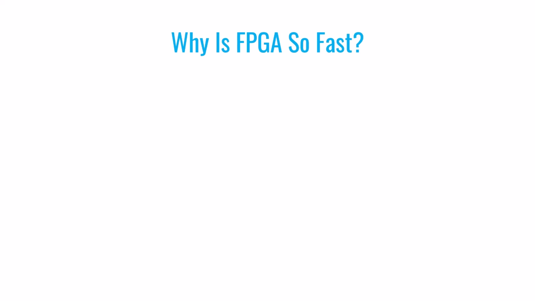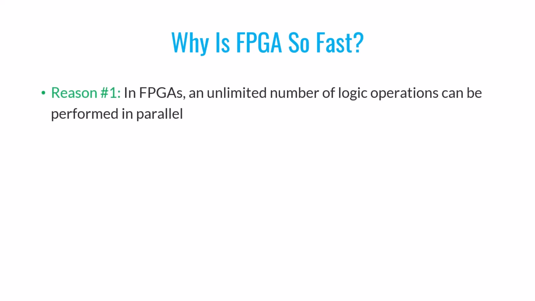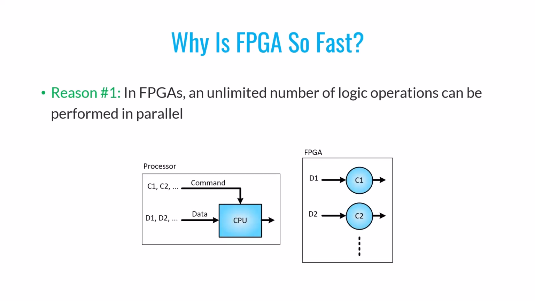It all comes down to their incredible ability to perform a multitude of logic and arithmetic operations at the same time. To get a clear picture, take a look at the two scenarios in this figure. On the left side, you see a typical processor where specific instructions are executed on specific data.